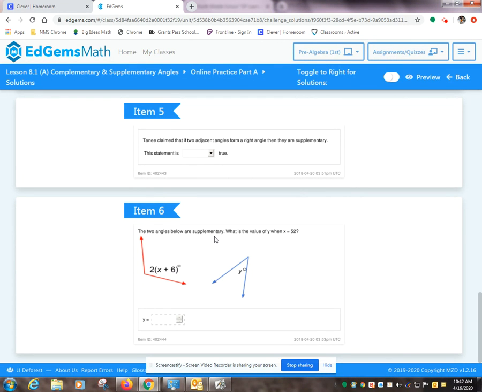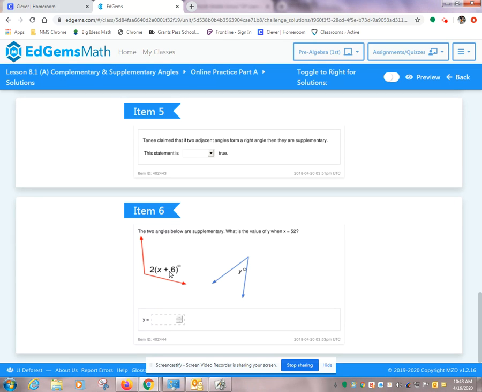Well, if they're supplementary, and 90 is before 180 and C is before S, these two added together should equal what? Probably 180. So you want to make a problem that says 2 times (x plus 6) plus y equals 180.